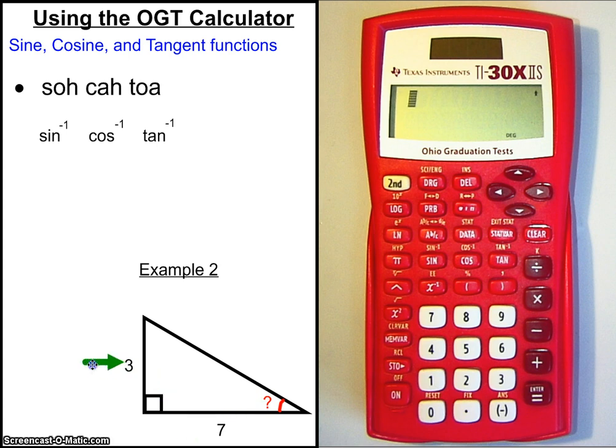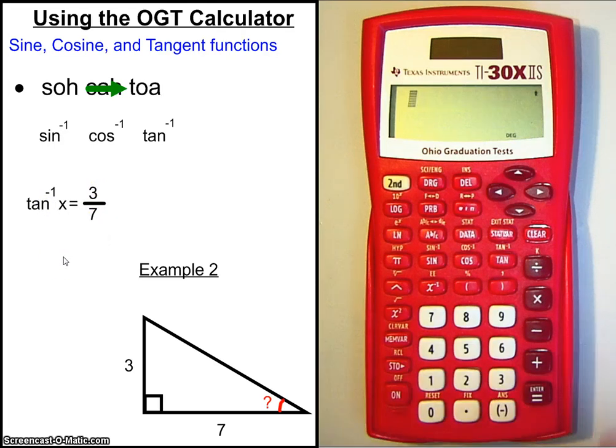So we know the opposite and adjacent. If we jump up here, which one has an O and an A denoting opposite and adjacent? That would be this one, TOA. So we're using the tangent function here. Since we're trying to find the angle measure, we're going to use the inverse tangent. So we'd have inverse tangent of x is equal to 3/7.